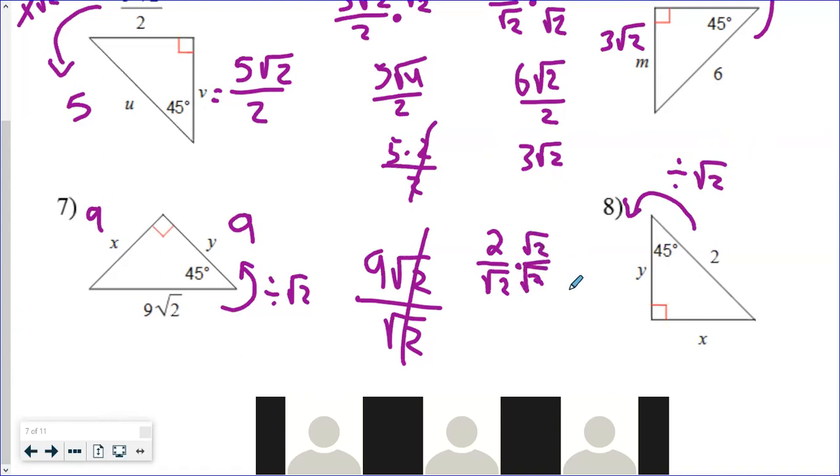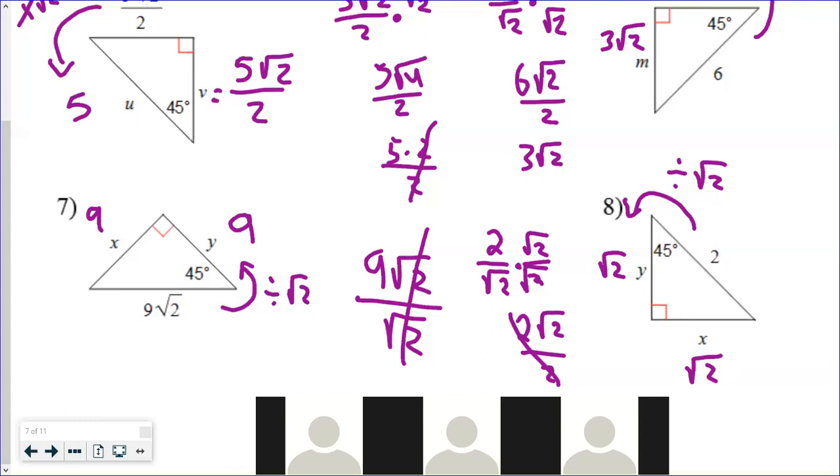Sorry, that's a little sloppy. That turns into 2 square roots of 2 over 2, which now I can cross out the 2's, so this is just the square root of 2. And if one leg is a square root of 2, then the other leg is a square root of 2. All right. Cool.